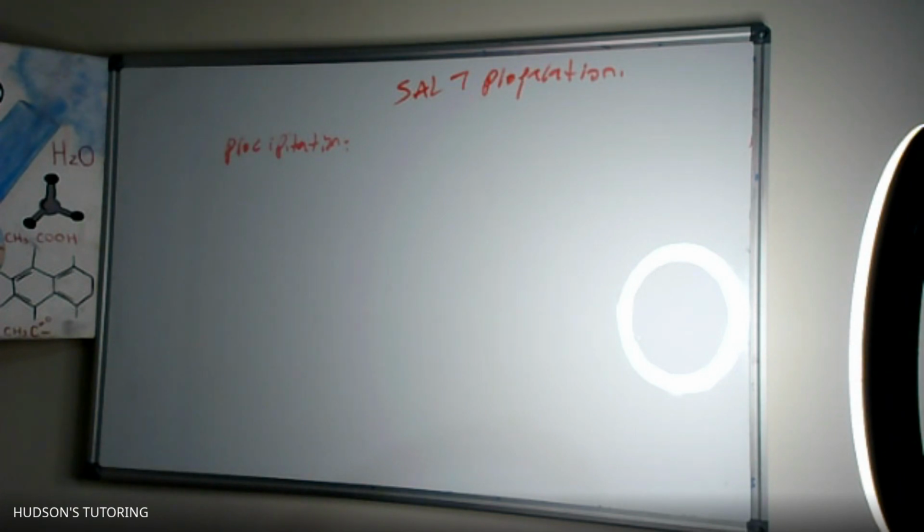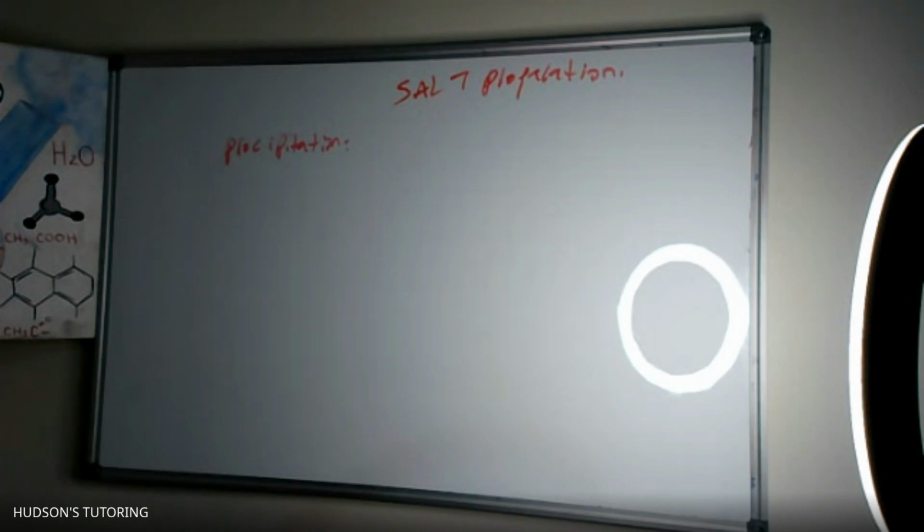Listen carefully: precipitation is used to prepare insoluble salts by reacting two soluble salts that contain the ions of the insoluble salt.